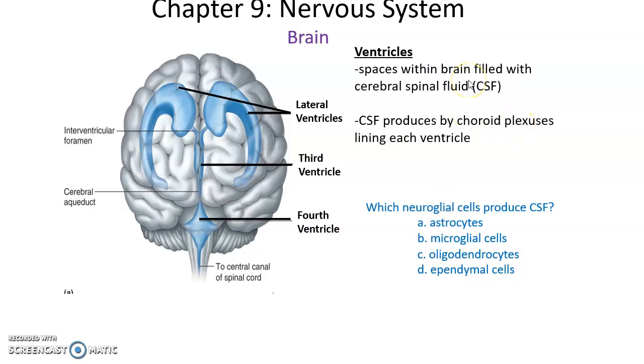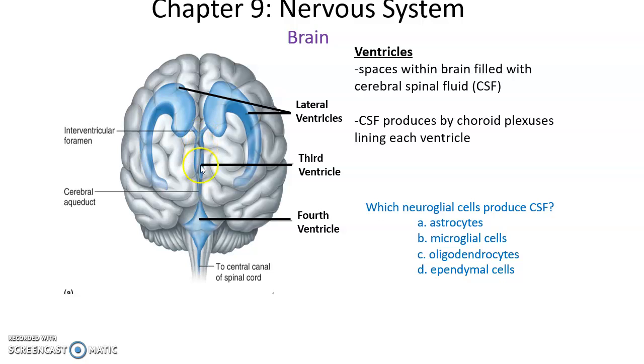All right, moving on to the ventricles. The ventricles are spaces, fluid-filled spaces found within the brain. And the fluid is, of course, cerebral spinal fluid. So in each hemisphere of the cerebrum, we have the lateral ventricles, so right and left lateral ventricles filled with cerebral spinal fluid.